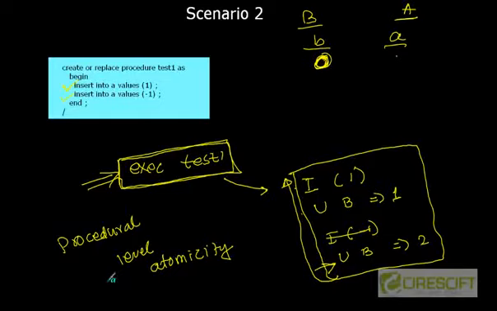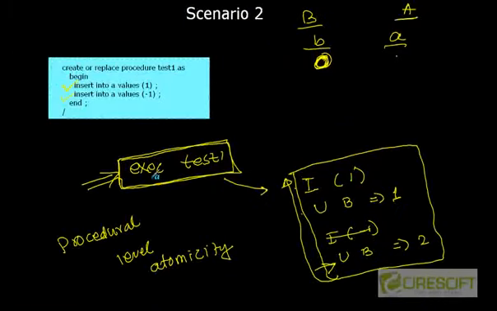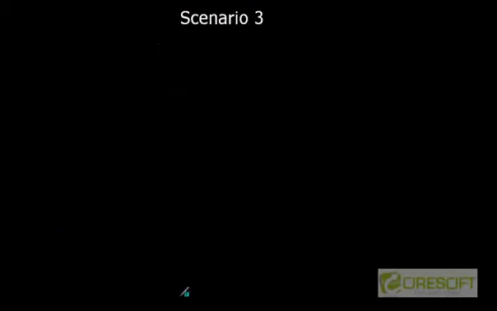So we started with statement level atomicity, where we make one statement successful. Then we came to procedural level atomicity, where we combined a couple of things. Then comes transaction level atomicity.